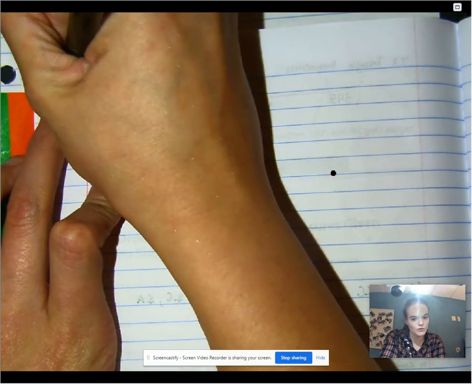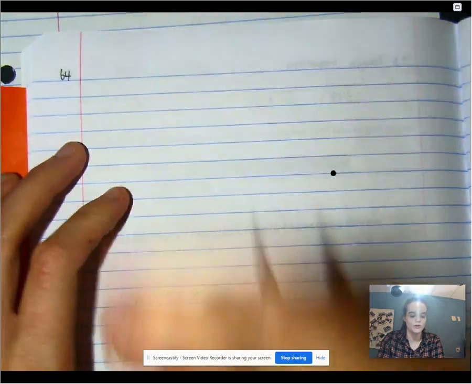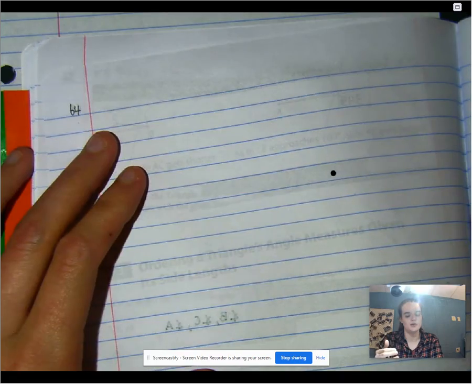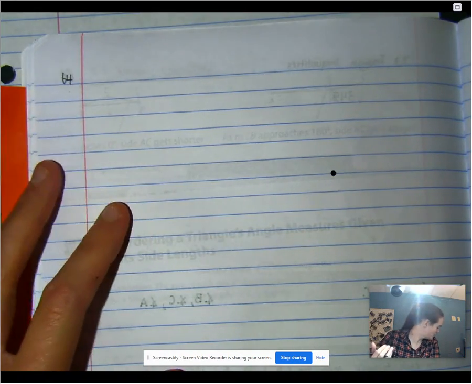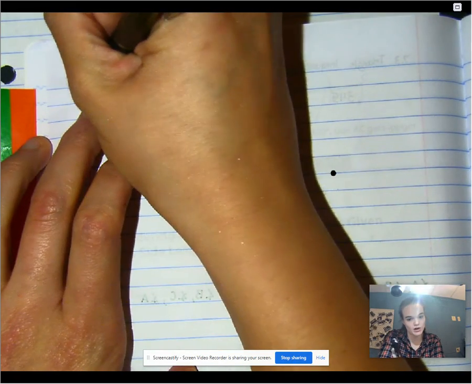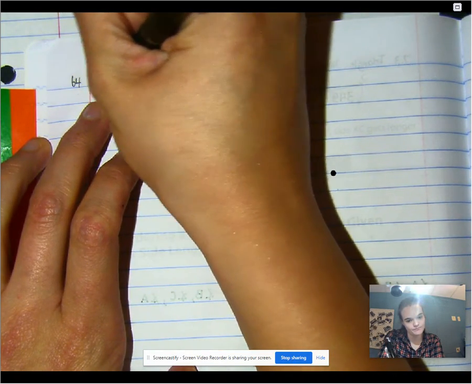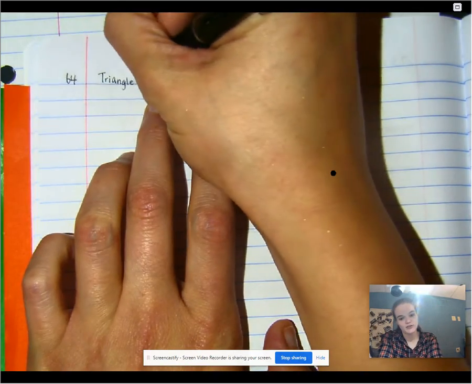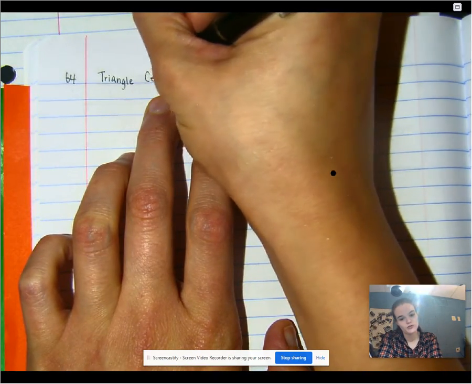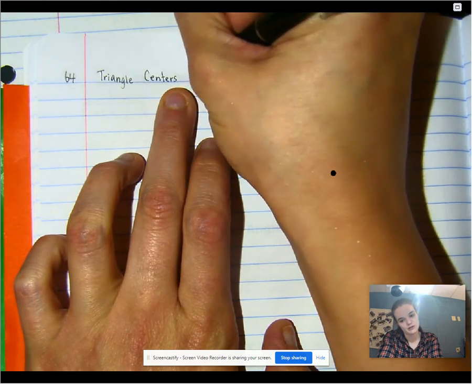Now, if you don't have envelopes or if you don't have index cards, you're going to put vocabulary right here. I like doing them on index cards because they make flashcards for yourself. So go ahead and label page 64, triangle centers, vocabulary.